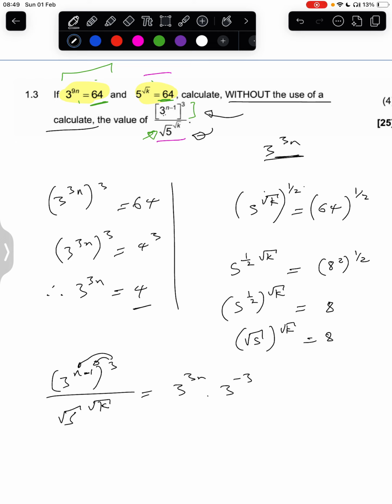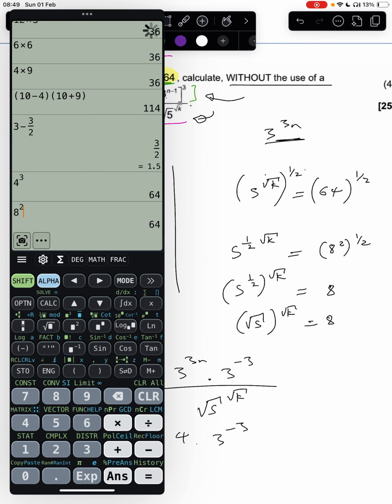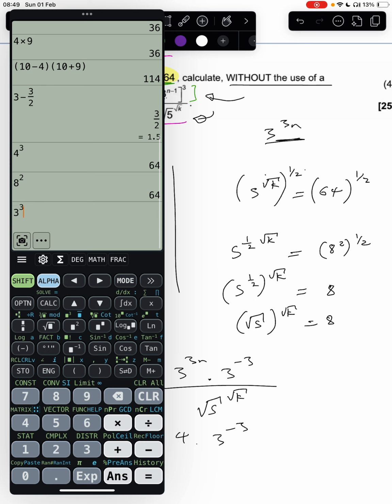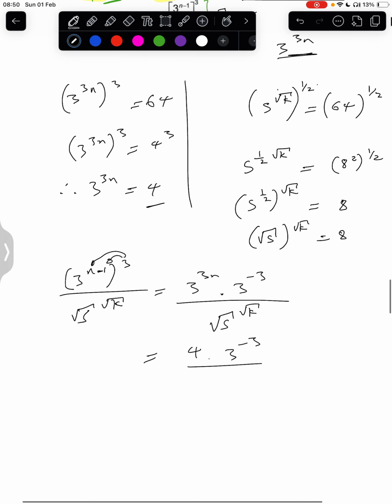And at the same time, separating the two, you can do this. So now we are ready to substitute. 3 to the power of 3n is what? It's 4. Here we're left with this one, which is going to be what? Is it 27? No, I don't know what this value is. Yeah, 27. 1 over 27 though. And then this one here we replace with 8, and we are done.